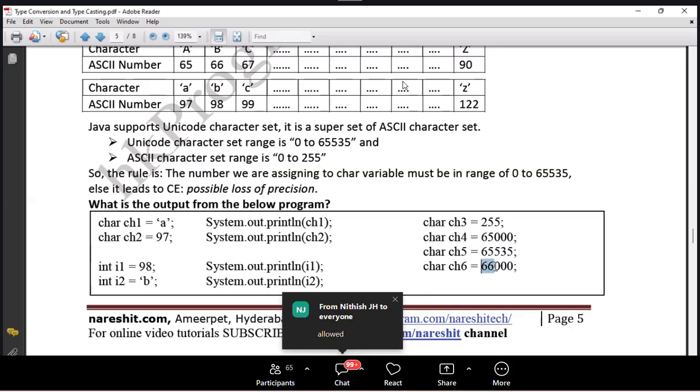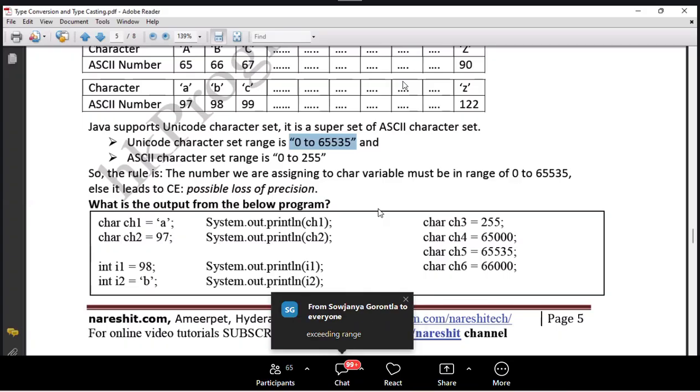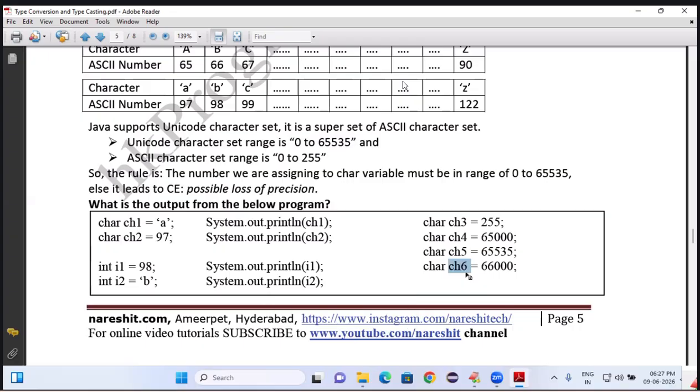Allowed. 66,000 is not allowed because it exceeds the range of char data type. Understood? If I print ch6, what is printed? 66,000 equivalent character is printed.